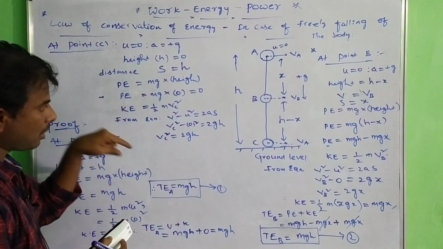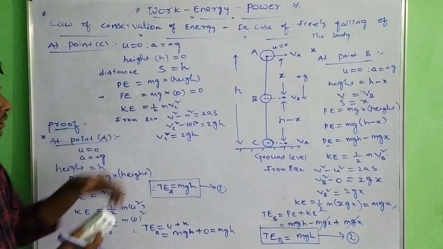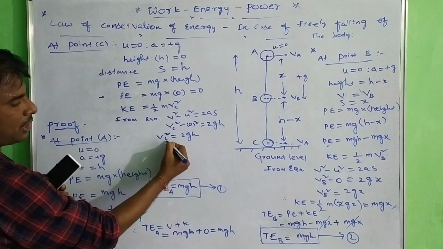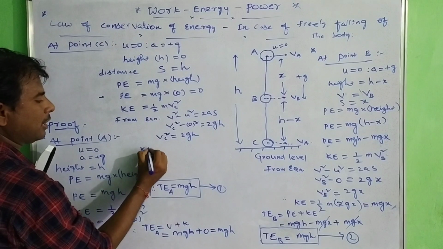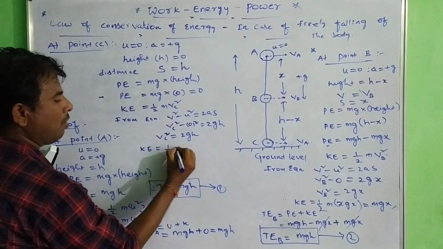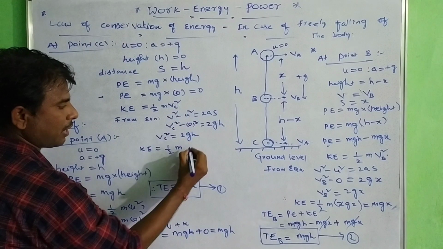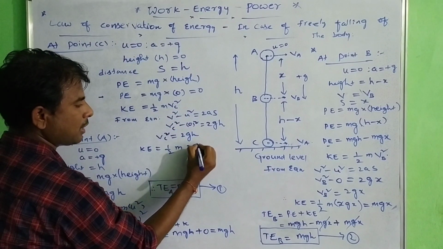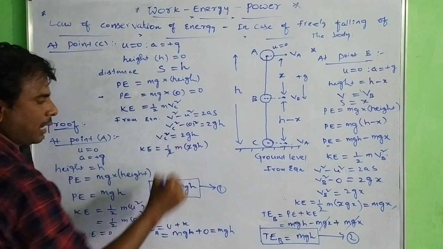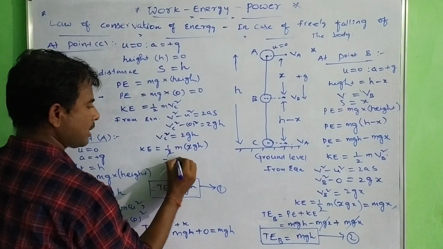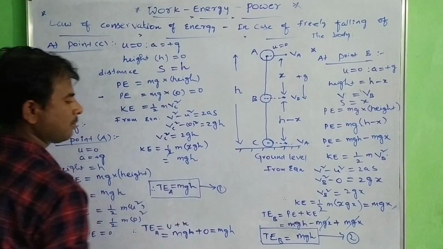This vc square value is substituted into the kinetic energy equation. Kinetic energy KE equals half m vc square, which gives half m times 2gh. The 2 cancels, and the remaining factor is mgh.